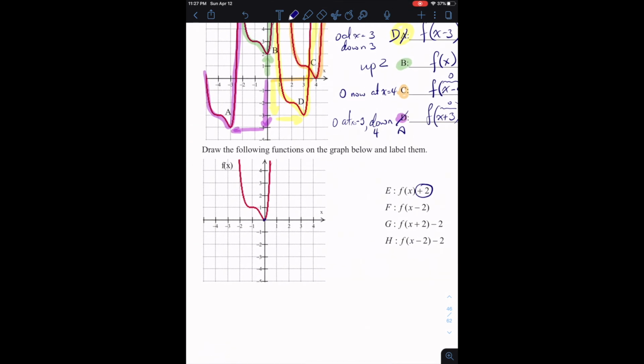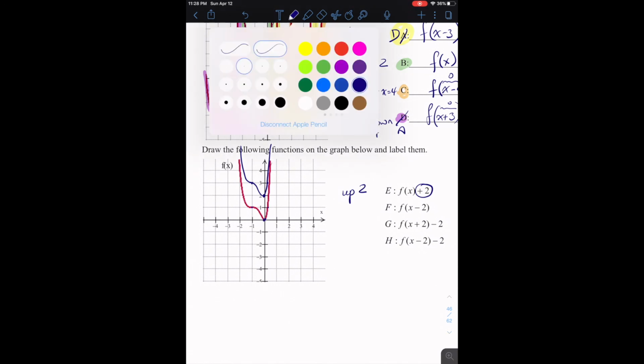So if we had 0, 0, we're going to be at 2. If we were at 1 right here, we're going to be at 3. So notice that we're just going to shift, and this point is going to go up to 2. We're going to shift everything up. So this is going up 2 points.